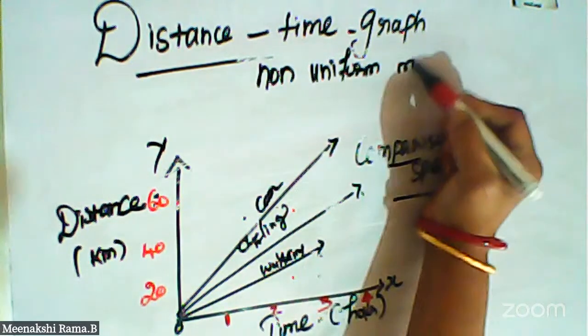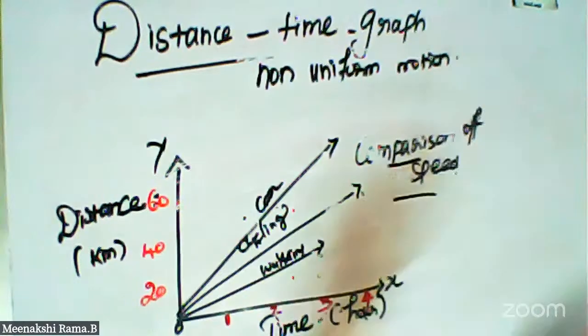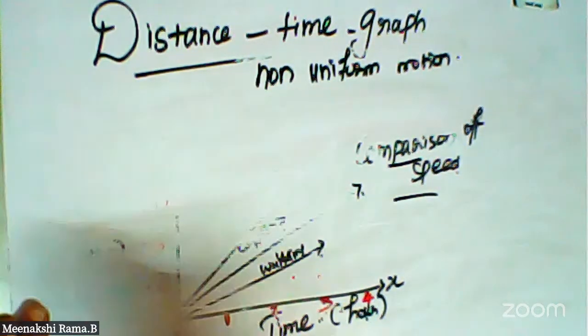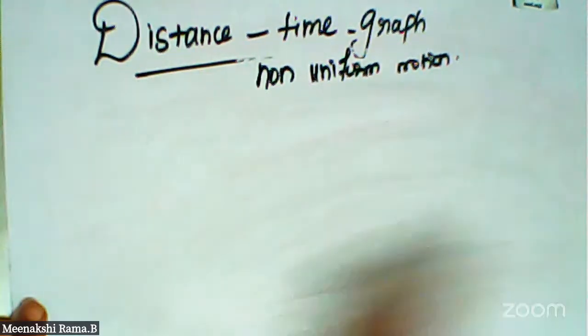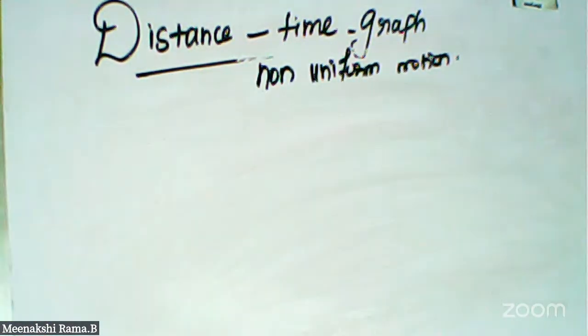Non-uniform motion means the distance and the time interval are not equal. In non-uniform motion the distance and time interval are not equal. So non-uniform motion means accelerated motion, for example by a car. In this graph we are taking a vehicle or car.